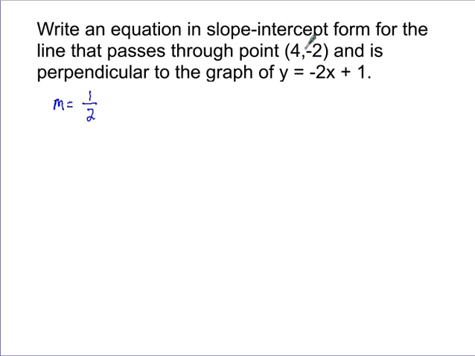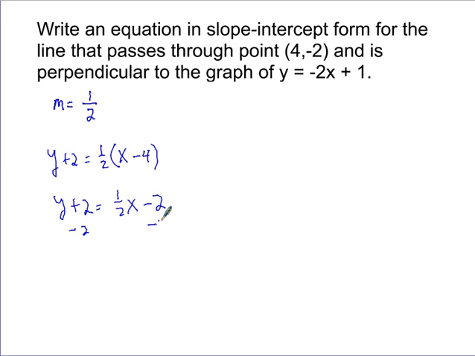Now all I have to do is put this information into point slope form and solve for y. y plus 2 equals 1/2 (x minus 4). So y plus 2 equals 1/2 x minus 2.